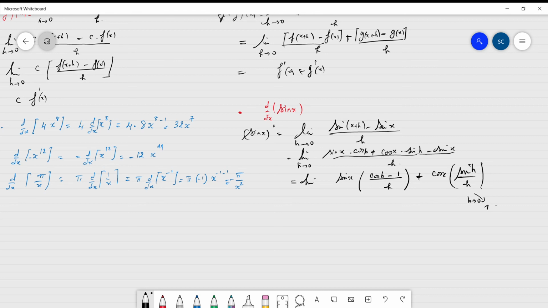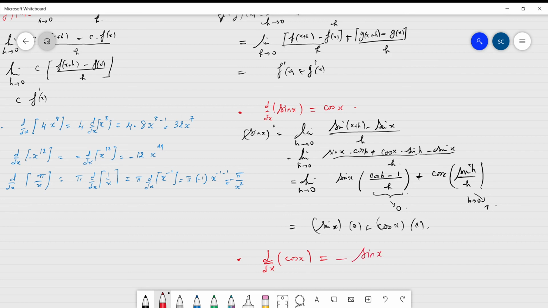And for (cosine h minus 1) over h, we can prove that it approaches 0. Finally, our limit is sine x times 0 plus cosine x times 1. So finally, the derivative of sine x is cosine x. And we can also show, with similar arguments, that the derivative of cosine x is minus sine x.